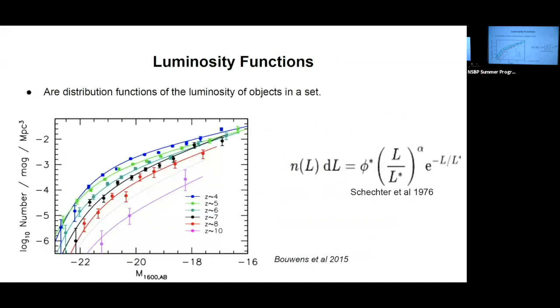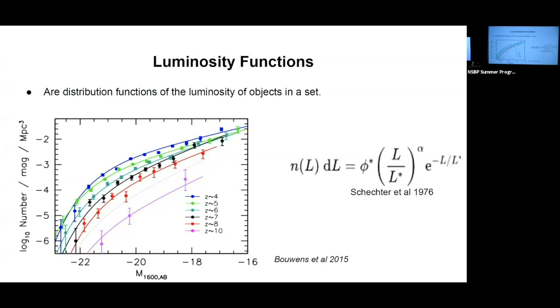So let's go to luminosity functions. Luminosity functions are basically the abundance of objects in a set, in this case, the abundance of galaxies, maybe in a cluster. What we're looking at here is the number of galaxies per magnitude and per volume, and this is the magnitude.